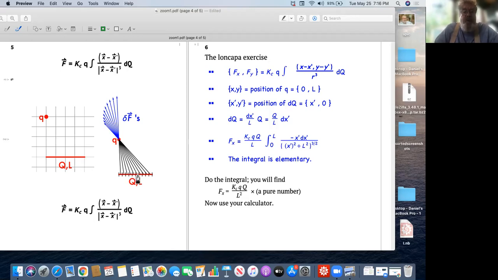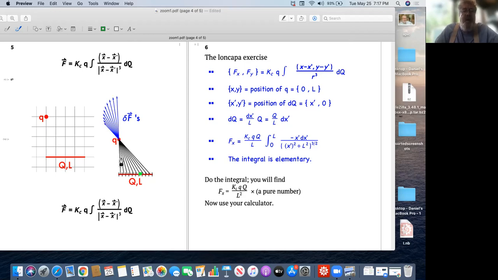So each point on the rod, let's say this little point here, this little section of the rod, which is this distance from the test charge, exerts a force. I guess it's maybe this force. And this part of the rod exerts this force.